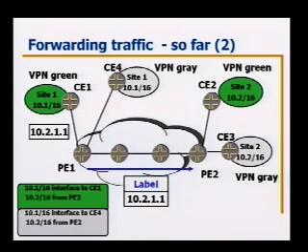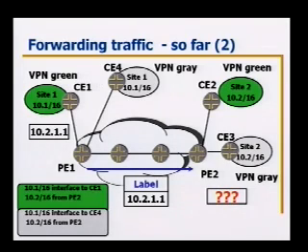The traffic would arrive at PE2, but now PE2 has no way of picking towards which one of its CEs it needs to forward its traffic. Why? Because the traffic is not marked in any way. The traffic doesn't have any distinguisher that's telling you this traffic belongs to VPN gray.